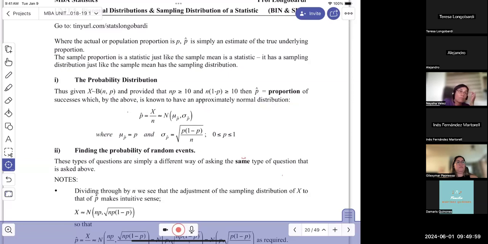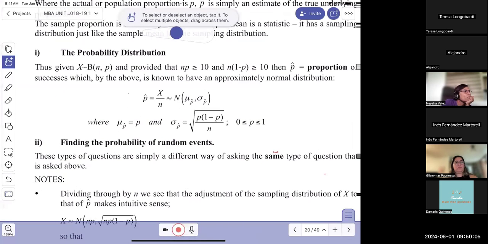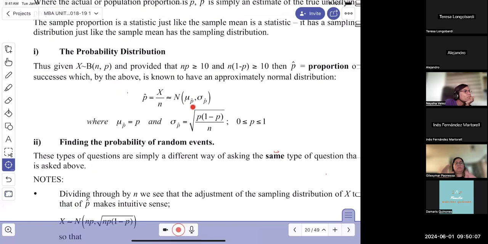I'm going to use a symbol to distinguish it: the mean of p hat and the standard deviation of p hat. But don't freak out. That's just for you to know this is the mean of this one and standard deviation of this one. Now, how do we find these?